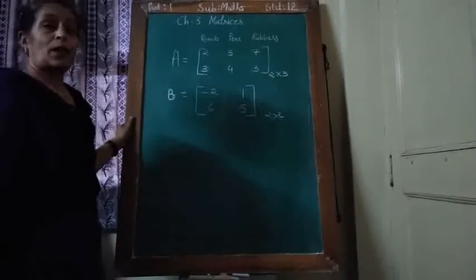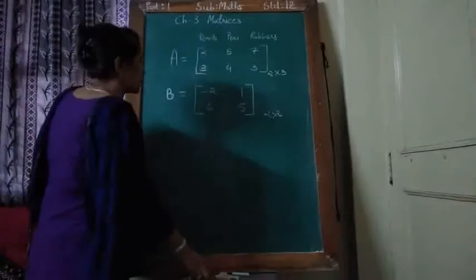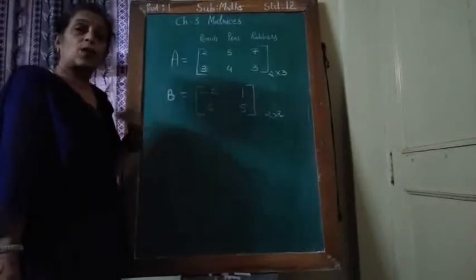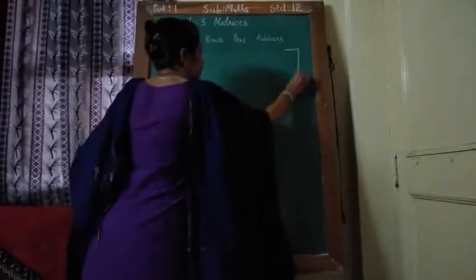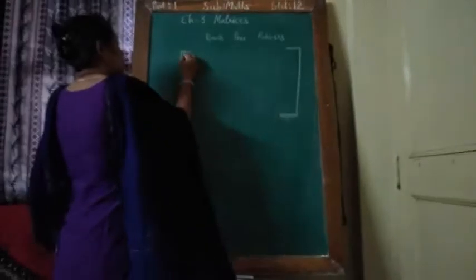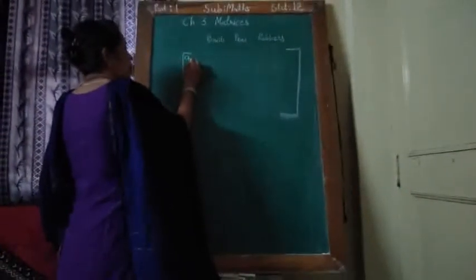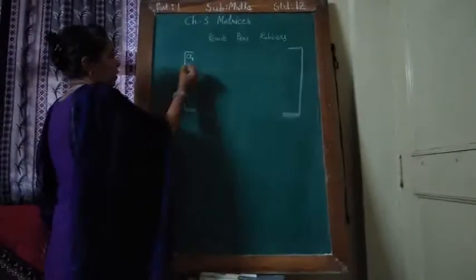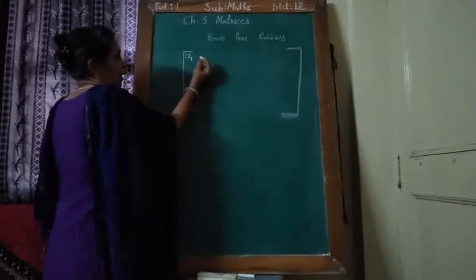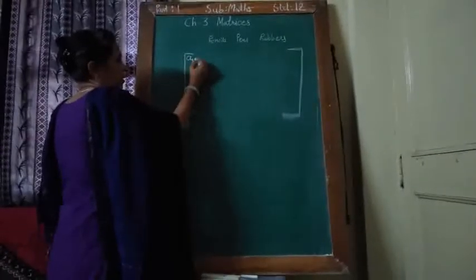So in general, how do we represent a matrix if the rows are m and columns are n? Suppose I write the matrix in general form. For the first row and first column, I write the element as A, with row number 1 and column number 1, so A11.